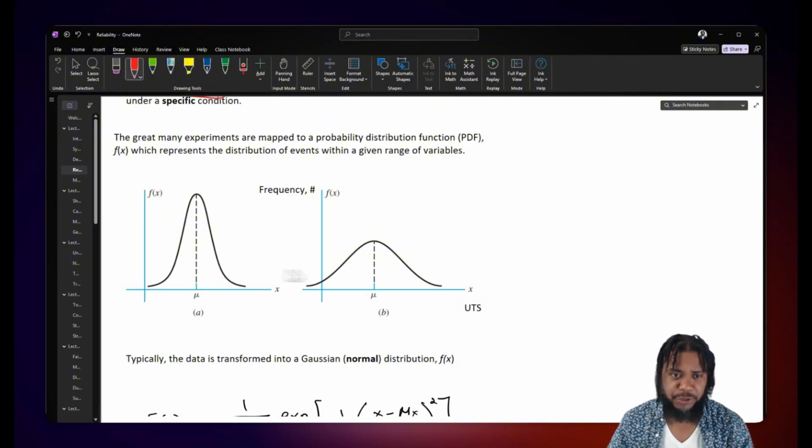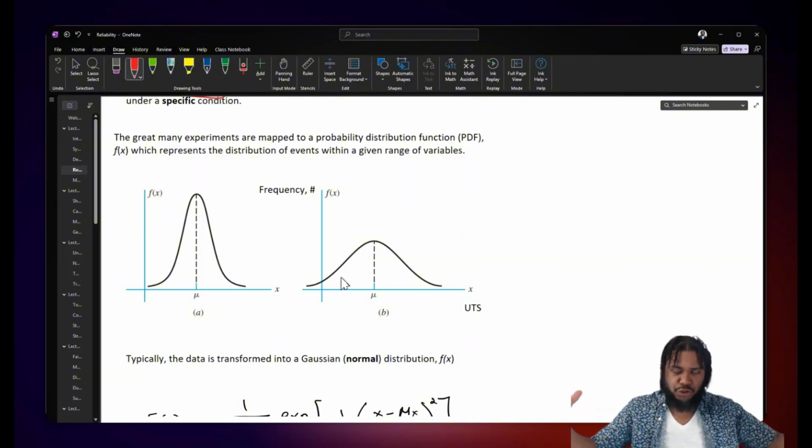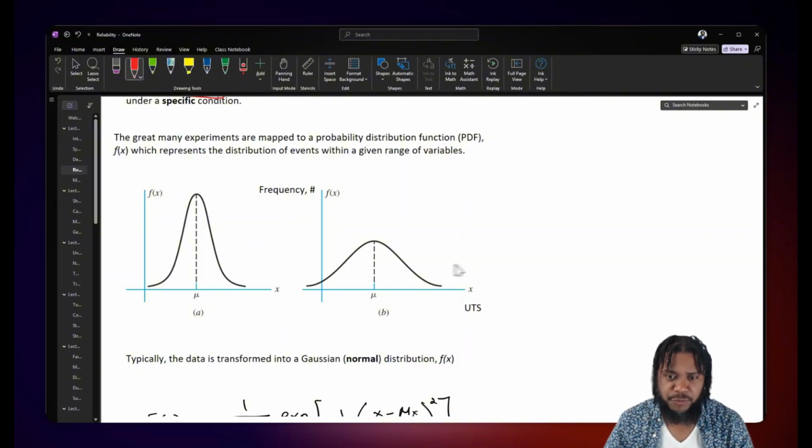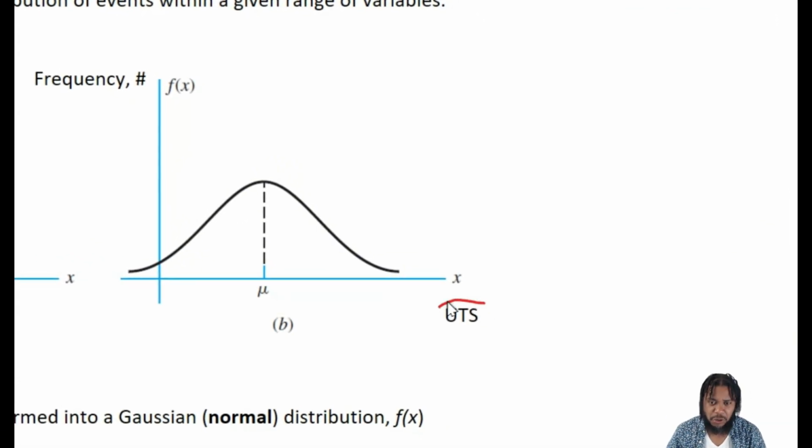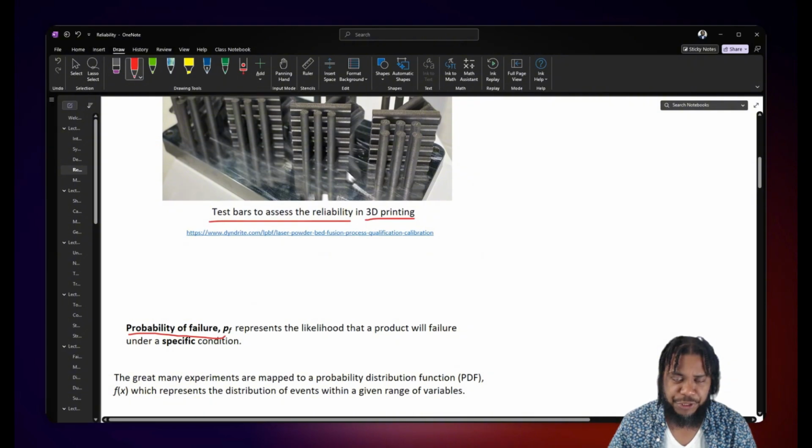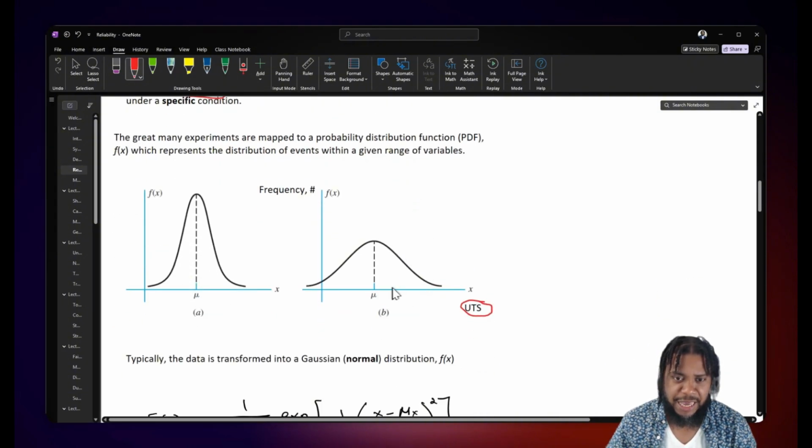Here is an example of two functions, one that has a very high peak, so it has a very tight grouping, and one that has a wider distribution. Here we're going to say the x-axis is the ultimate tensile strength of those 3D printed bars. And we run many, many experiments.